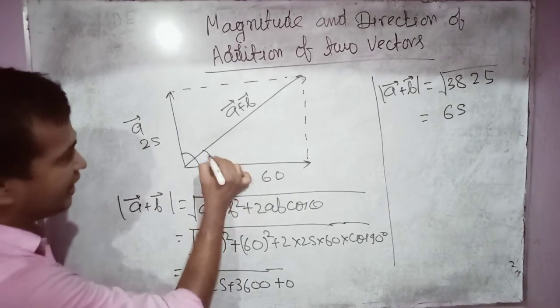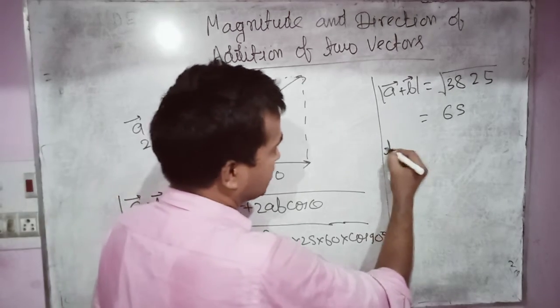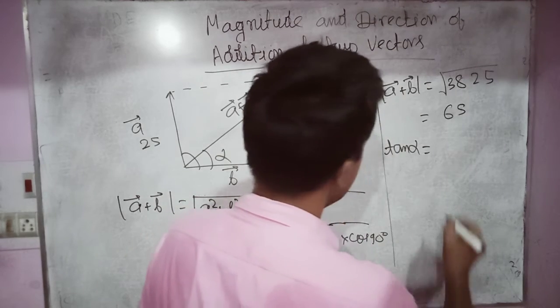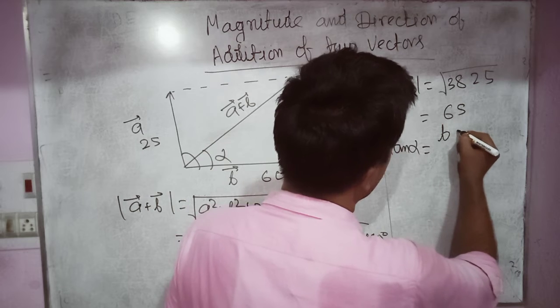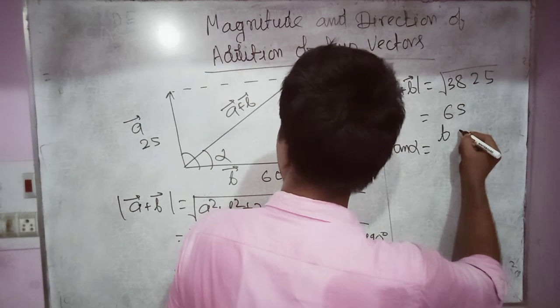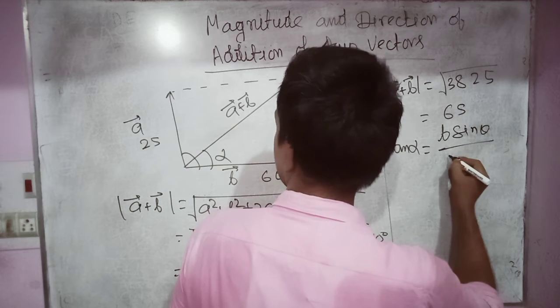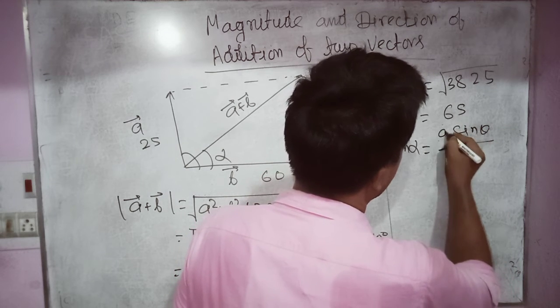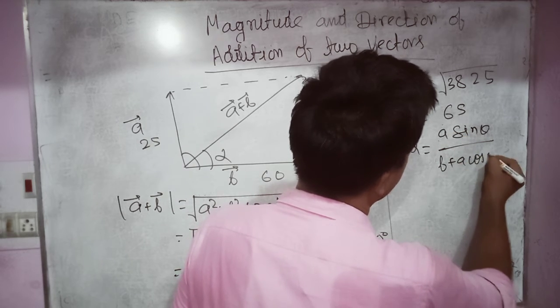Let it make an angle alpha with vector B. Then tan alpha is equal to A sin theta by B plus A cos theta.